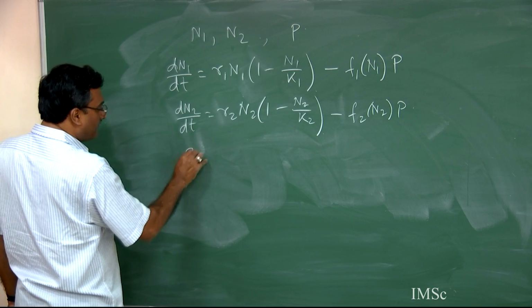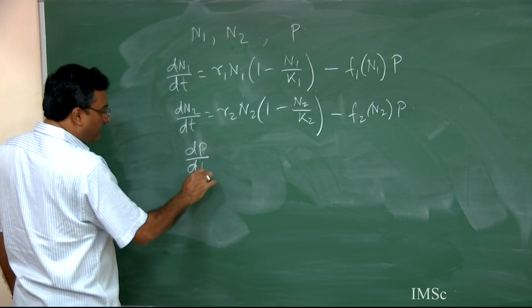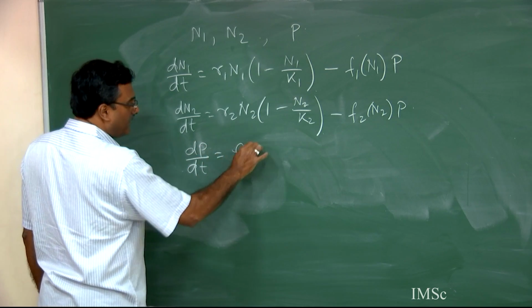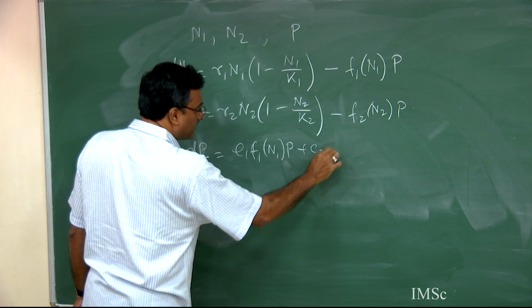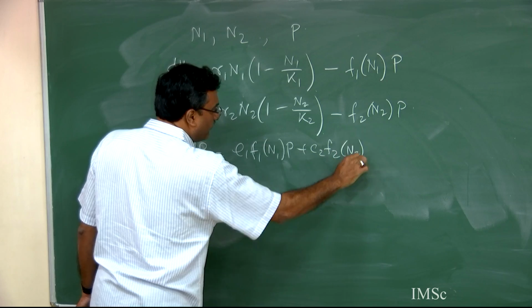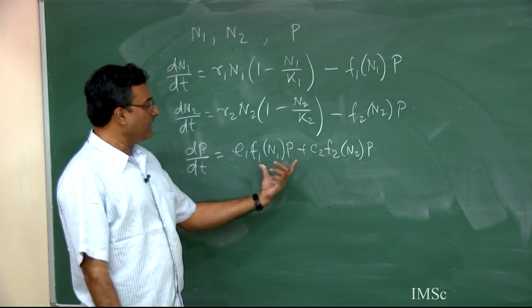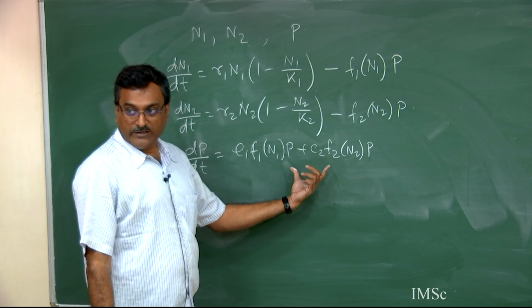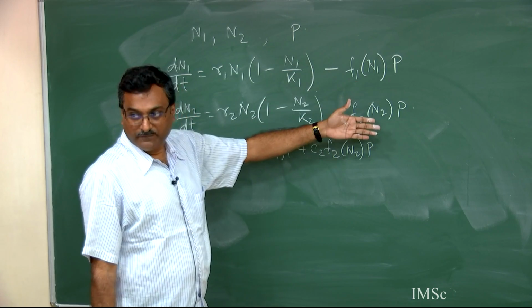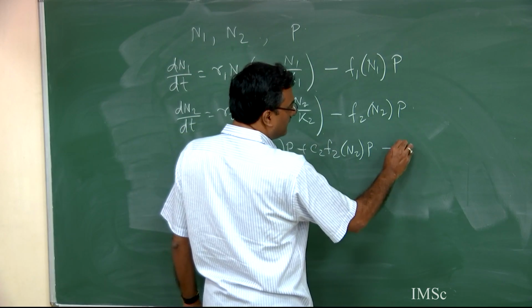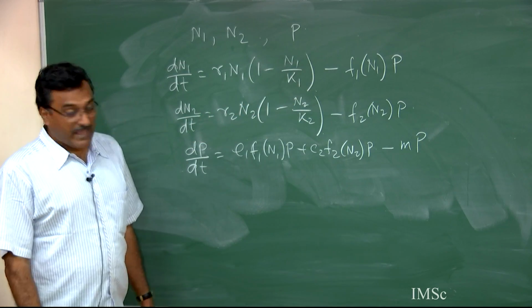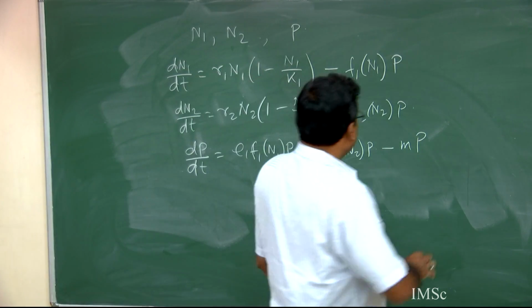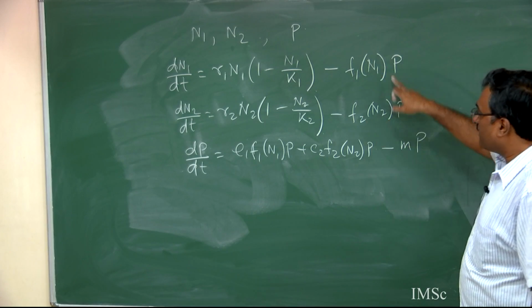And then growth of P is defined by E1 F1 N1 P plus E2 F2 N2 P. These are the growth due to consumption of the first and second prey, and finally their intrinsic mortality rate, minus M P.